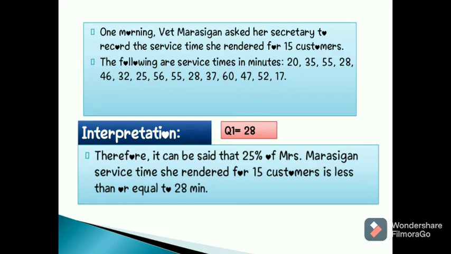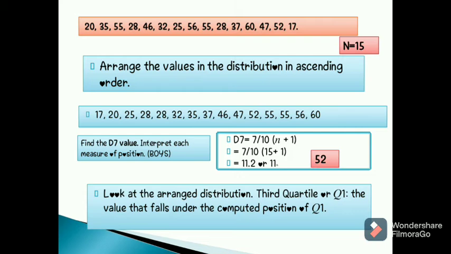Alright, for the boys, and here is the answer. Same process, and since we are going to find decile 7, our denominator is 10. The answer here is 11.2. So decile 7 is on the right side of decile 5.